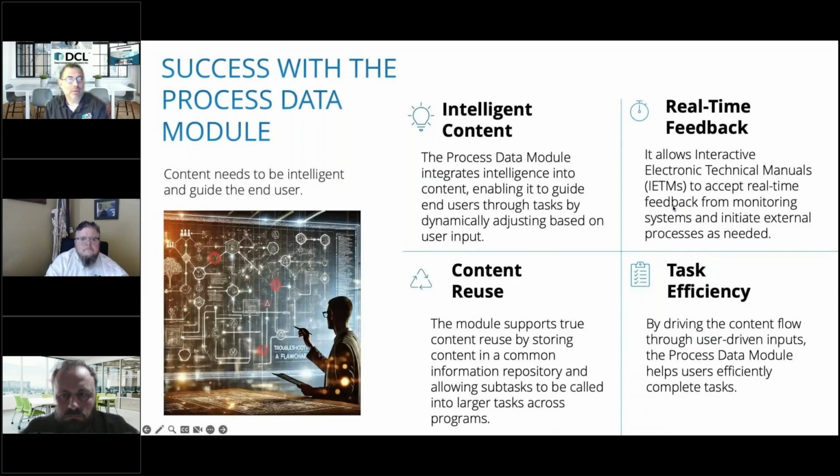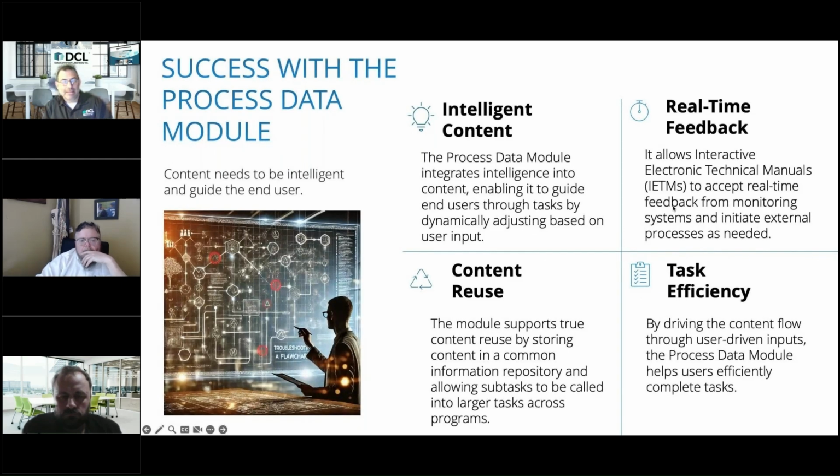So what did we achieve by migrating the data to S1000D, especially using a process data module? I will start with intelligent content and go counterclockwise. The process data module integrates intelligence into content, especially real-time intelligence.